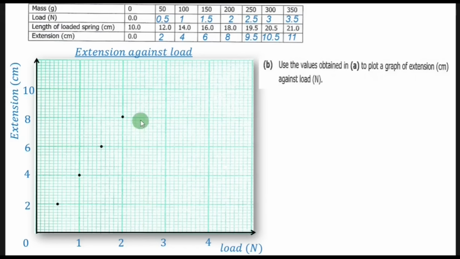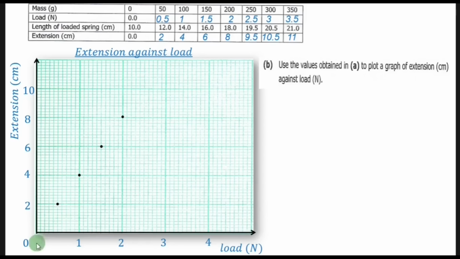Then remember this is 8. So if this is 8, now what do these smaller values represent, these small boxes here? Since we said this is 2, each box here represents 2 units. So you say here 2, 4, 6, 8.